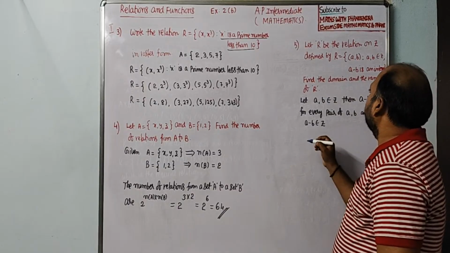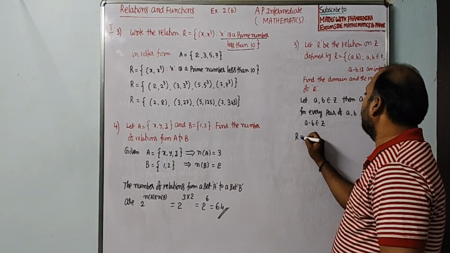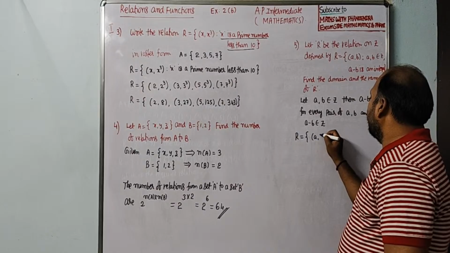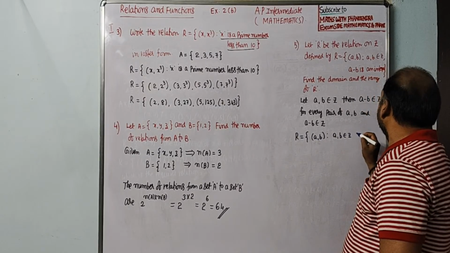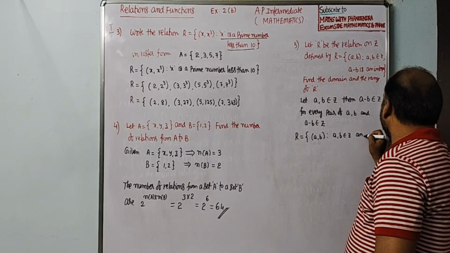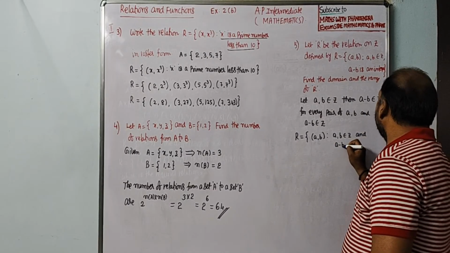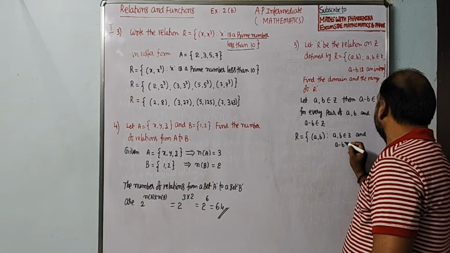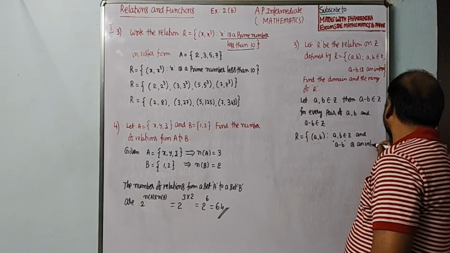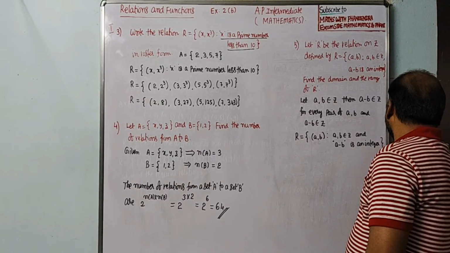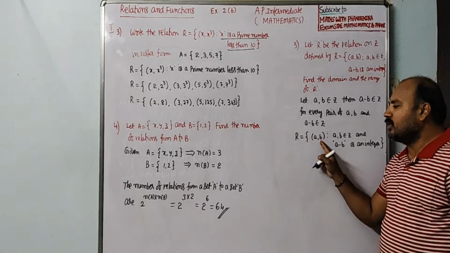So therefore, R equal to {(a, b) such that a, b belongs to Z and a minus b is an integer}. So both are integers only, no?